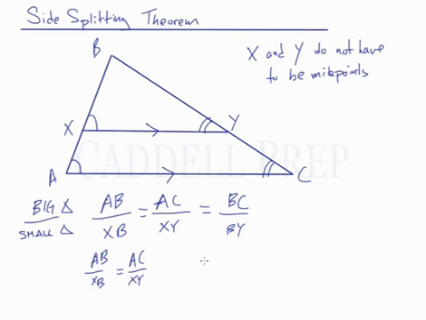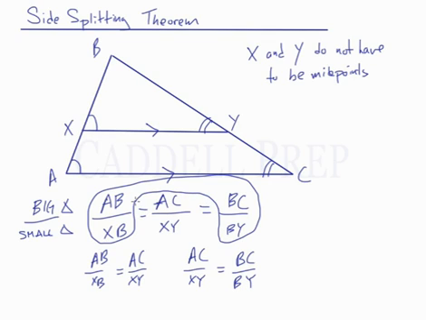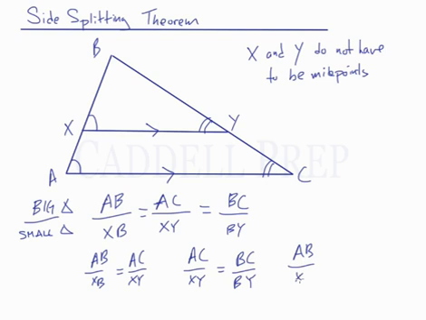So we have AC over XY equals BC over BY. And we could take also the first and the last together. So we end up with AB over XB equals BC over BY.